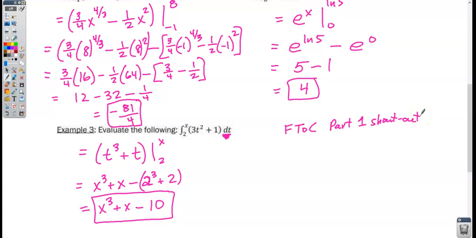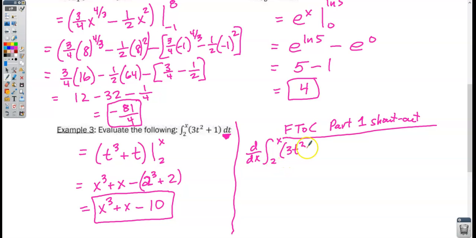Okay, when we talked about the Fundamental Theorem of Calculus Part 1, we took the derivative with respect to x of this integral and we knew that that value was 3x squared plus 1. Notice, we just found the value of this integral right here.